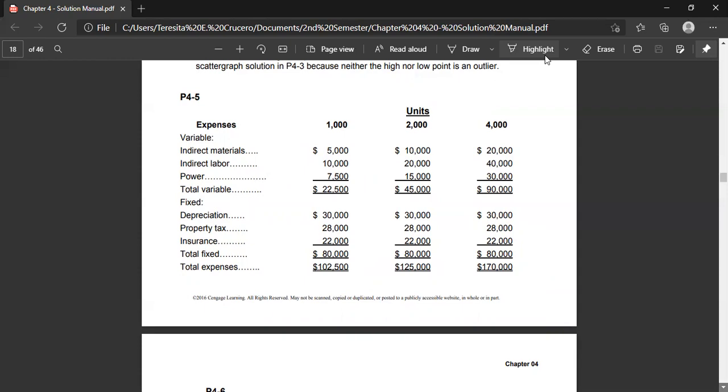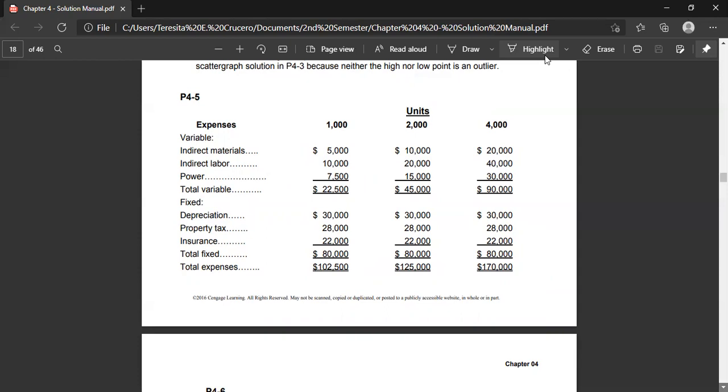level of 2,000 units. So the projected level is 2,000 units. Expenses, we have indirect materials, indirect labor, power for machines, straight line depreciation, factory property tax, and factory insurance.